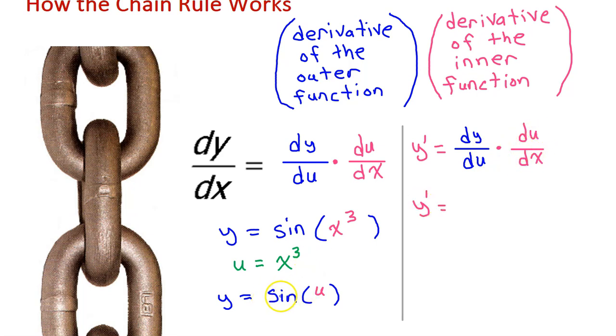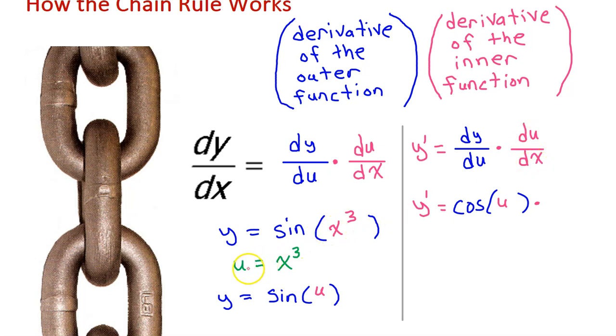The outer function is the sine function, and the derivative of sine is cosine. That's a memorized rule. So we have the cosine. We are taking the derivative with respect to u, so for now, we leave the u in there. But then we multiply by the derivative of u with respect to x.